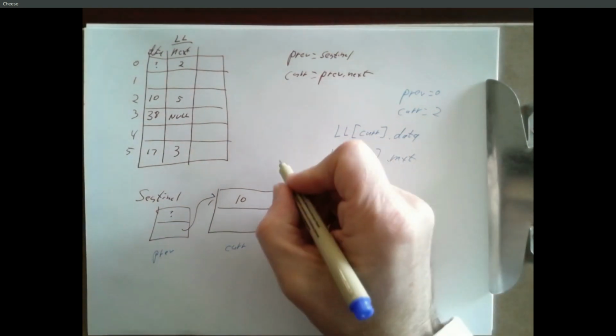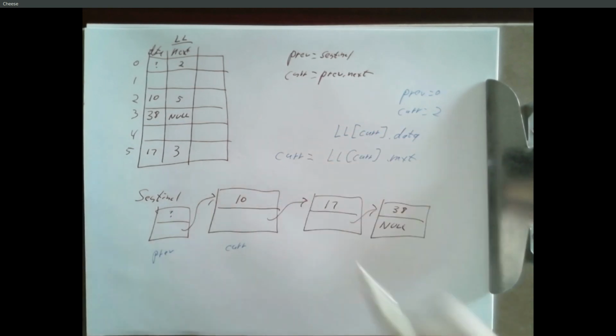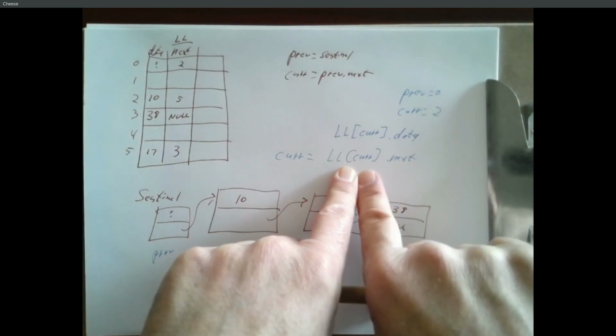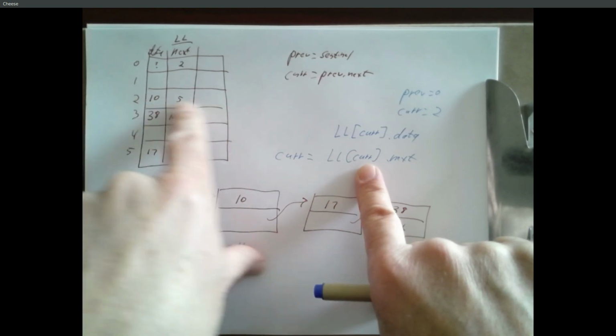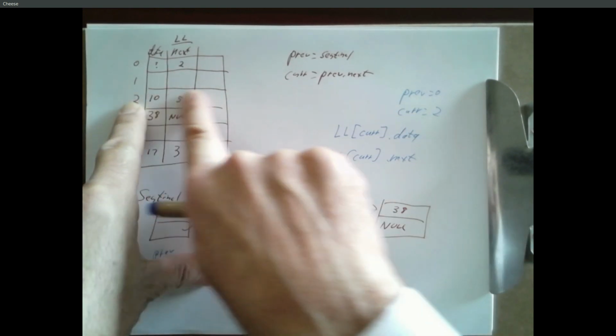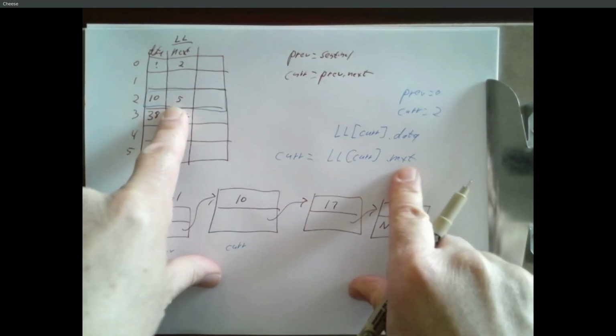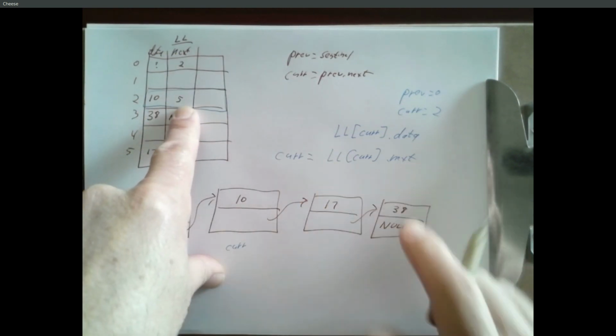So now if we say something like current equals LL bracket current dot next, what's that going to do? Well, the code is going to say, okay, current's equal to 2. Let's go to element 2 in our array. That's this box right here. And let's look at the next field. That's a 5. This is going to set current equal to 5.